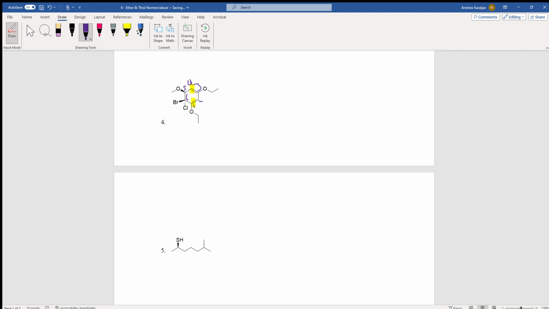So our parent name, cyclohexa-1,3-diene. And then our substituents, carbon 6 has a bromine. Carbon 6 also has a chlorine.